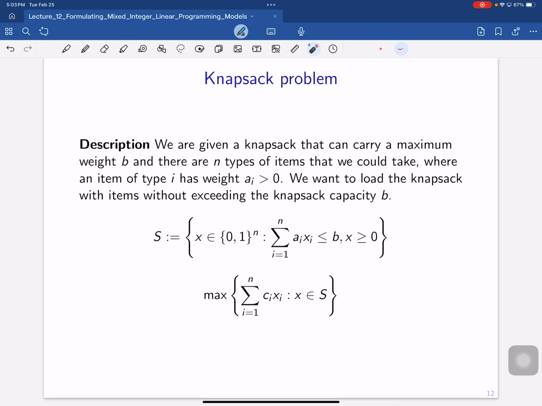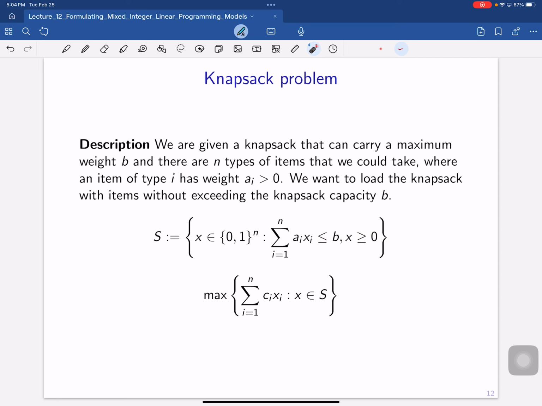And you want to maximize the total value of the items you packed into the knapsack. So that's one formulation of the knapsack problem, and this formulation is very intuitive. There is only one constraint. Of course, x is 0, 1, so that is a trivial constraint.